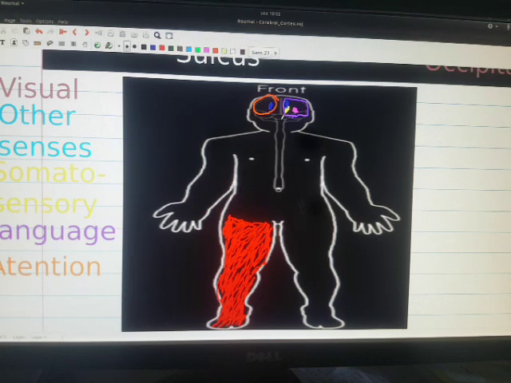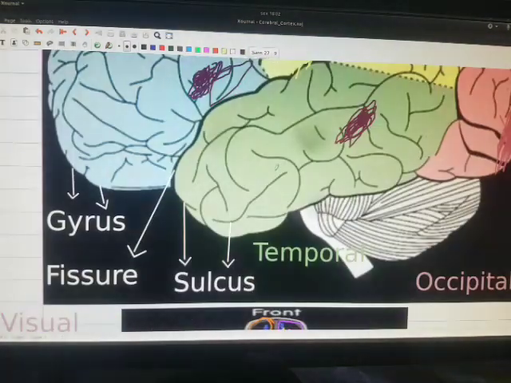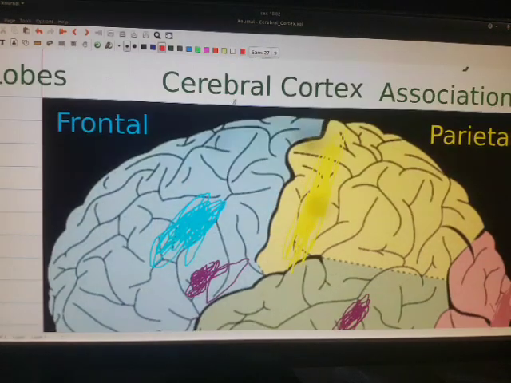And normally it's on the frontal lobe. And here on the frontal lobe, there is a specific part, like this one here, that is the motor.